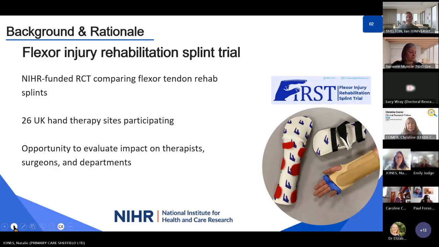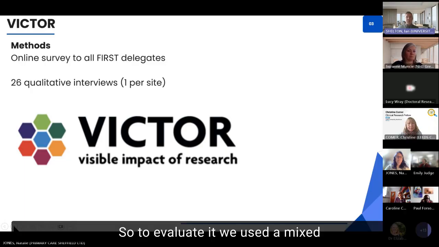Next. So to evaluate it, we used a mixed method approach, and we did an online survey, and this was sent to all FIRST trial delegates. And then we also conducted semi-structured interviews, one for each site, with a range of roles represented. So not just therapists, we tried to get those other research nurses, surgeons, into it.